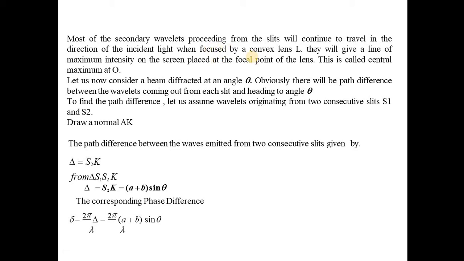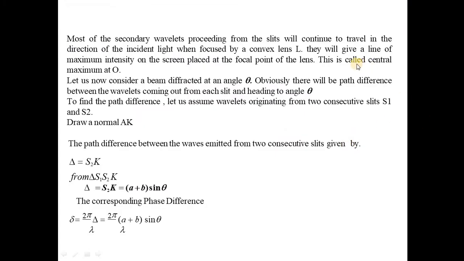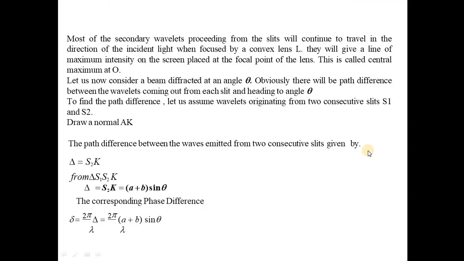When it is focused by a convex lens, most of them travel so as to reach the point O. The majority of the light reaches this lens, passes through it, and the lens focuses this light at the point O, where we get the central maximum, which has a very bright color.